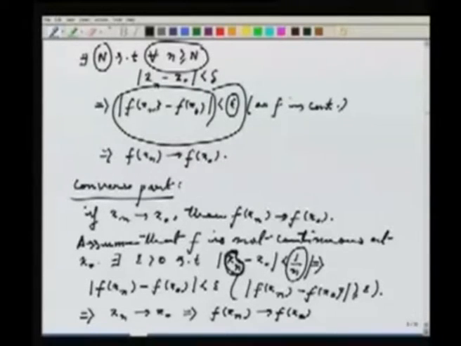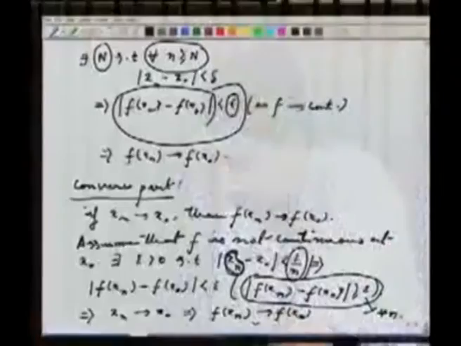But notice that what I got here is that |f(xn) - f(x0)| is bigger than or equal to epsilon. Then how come f(xn) converges to f(x0)? Because this is true for all n. And if a sequence has to converge somewhere, then after some stage their difference has to become as small as I wish.